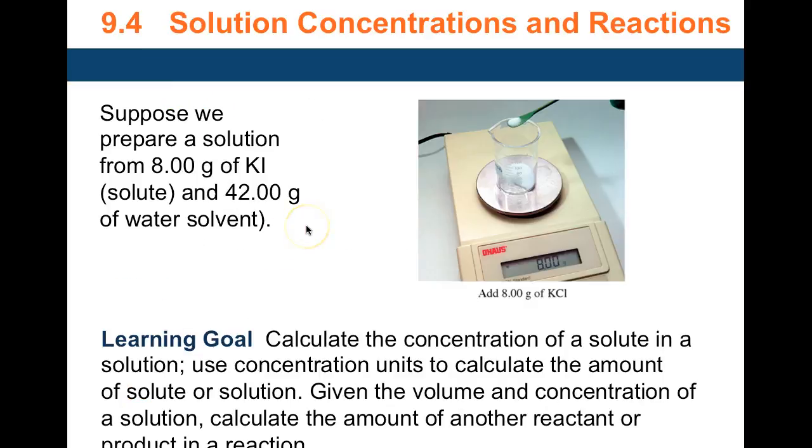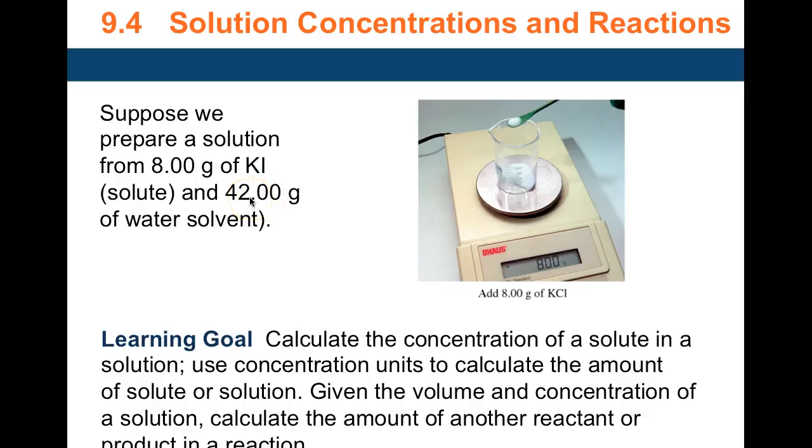All right, moving on to section 9.4, how do we determine the concentrations of solutions? There are several ways. One is where you measure out the amount of solute and add it to a measured amount of solvent.